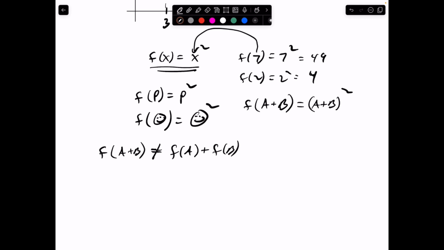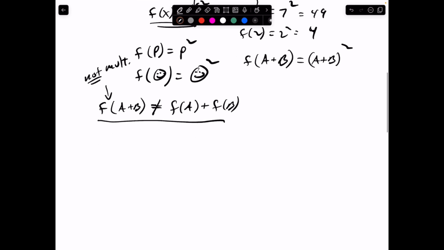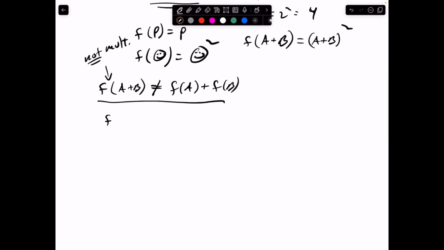In other words, this function notation is not multiplication. That's not what it is. It's a special notation for functions, and this thing here is not equivalent. It's easy to show that, so let's stick with our function f of x equals x squared.